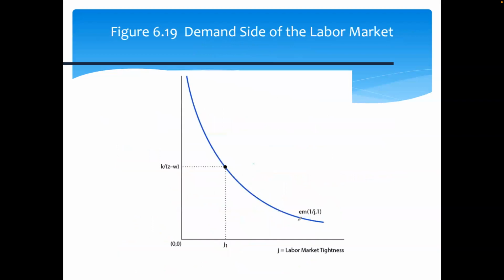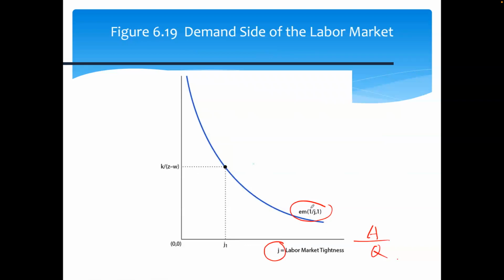All right. So first, let's look at the firm's decision. In this diagram, the horizontal line is job market tightness. This is J, A divided by Q. And this is the chance of matching with the job. Clearly, this is going to decline with J. How do we understand that?